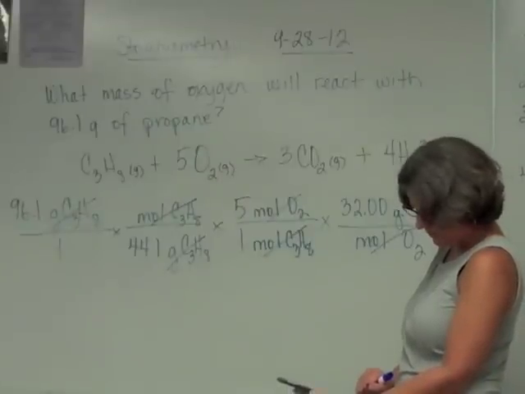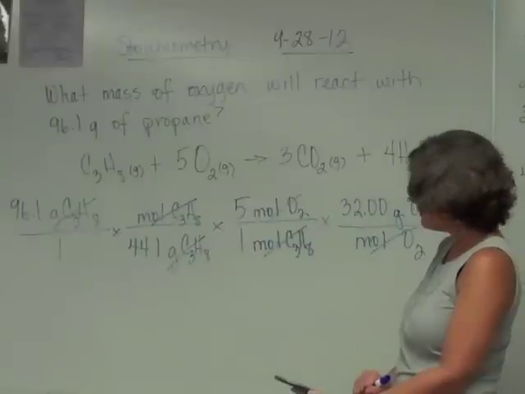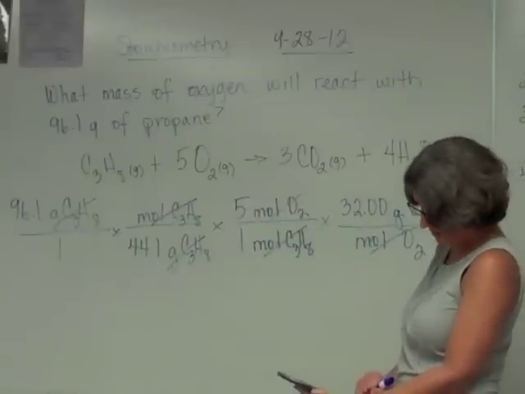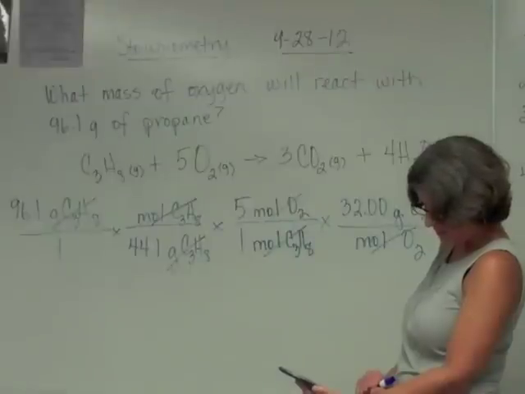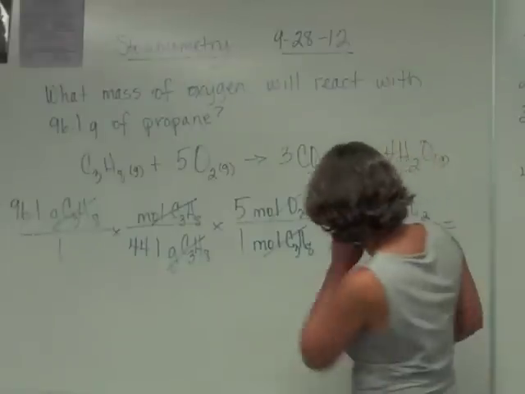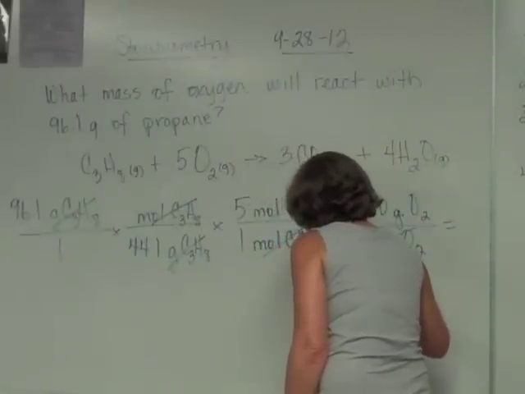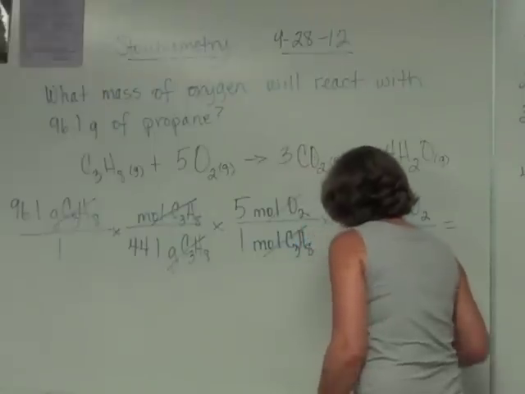So I'm getting 348.662. And so how many sig figs can we have? You can have 3 sig figs. So I'm going to make this 349 grams of O2.